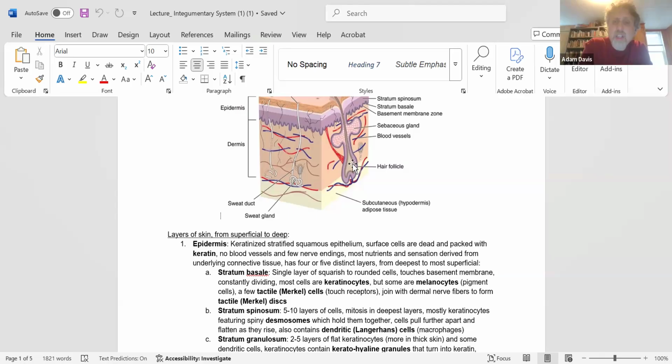Now, one thing the reticular layer does not have as much of is blood supply. You find a lot more of the blood vessels in the areolar tissue up in the papillary layer. The connective tissue in the reticular layer has relatively little blood supply.